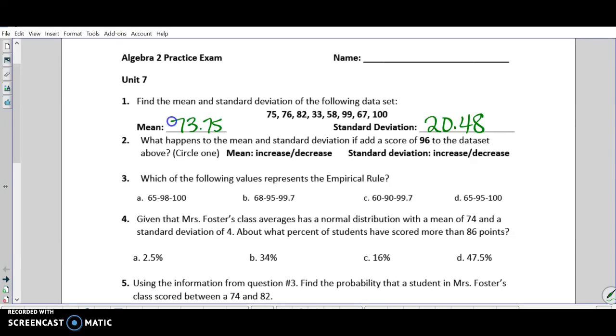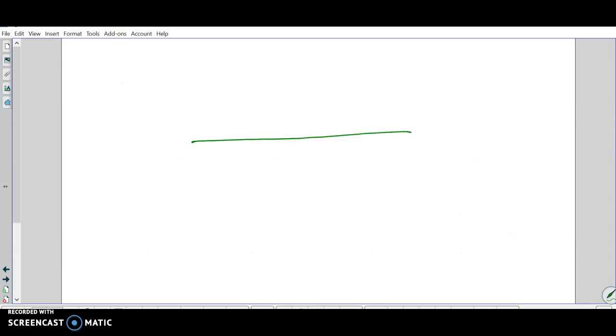So to do that, we're going to have to draw our spread. So we know our mean is 73.75. I want to do one standard deviation above and one below. So that means I'm going to take 73.75 and add 20.48, and I'm going to take the mean and subtract 20.48.